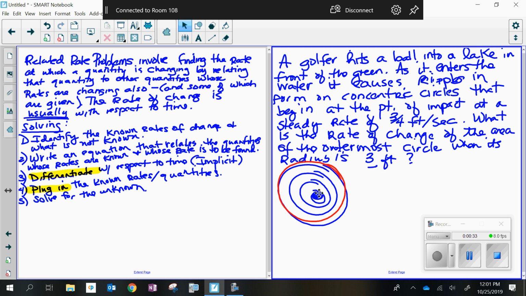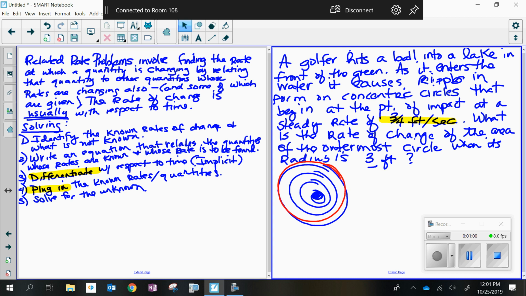All right, so what do we know? I'm going to highlight what we know here. Give me one thing we know. The circles are moving off at 3/4 feet per second. Okay, so what is that? Velocity. That is velocity, but you're not going to have an equation that has velocity in it.